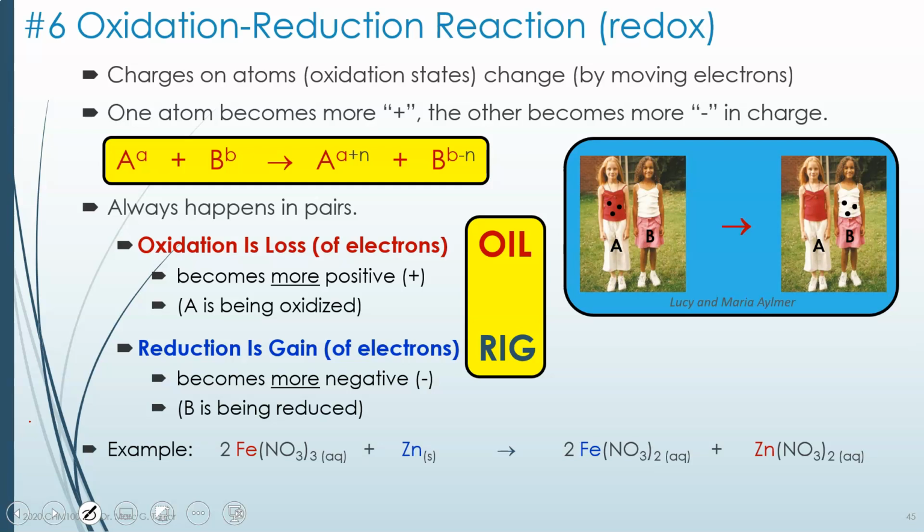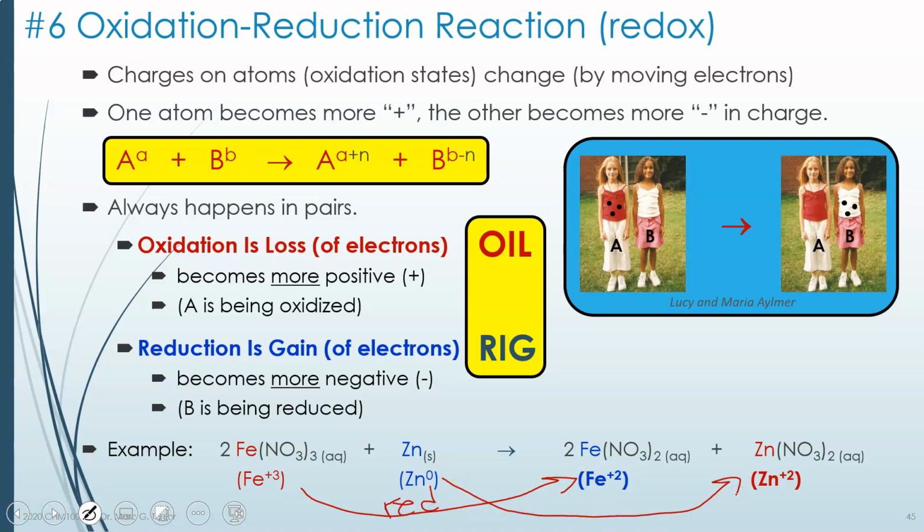So here's another example like the one I showed you before. Now it's iron 3 nitrate and zinc metal make iron 2 nitrate and zinc nitrate. So that's an iron 3 becoming an iron 2. That's a reduction. And the zinc 0 is becoming oxidized to zinc +2.